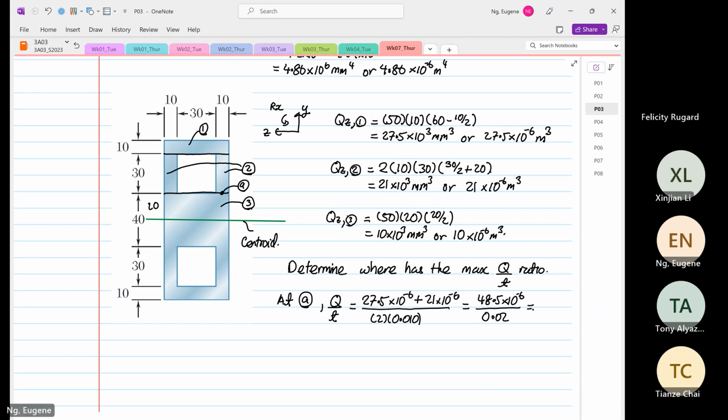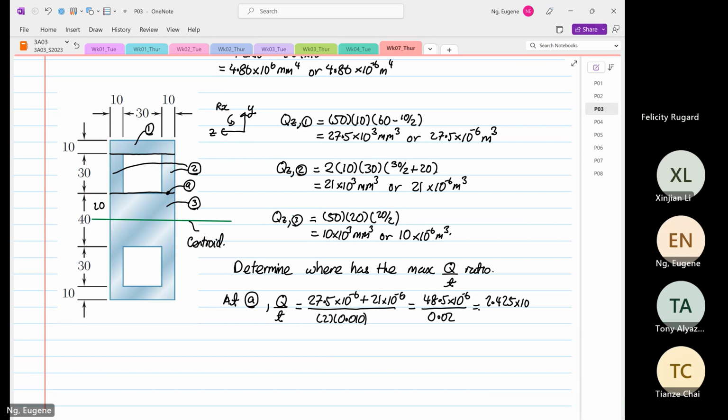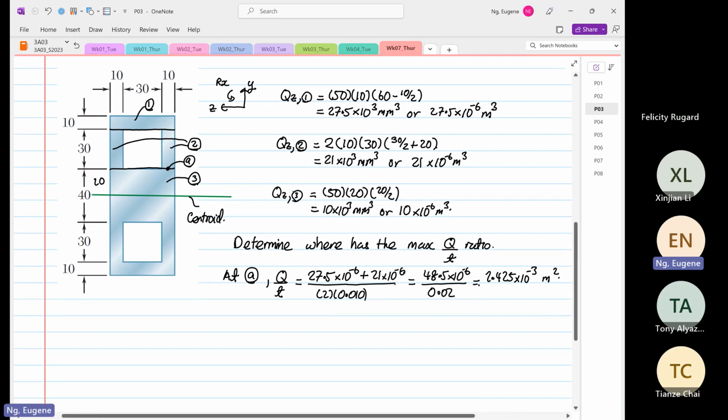So we get 2.425 times 10 to the power minus 3, and if we base on units, this is meter squared. Okay, we should not put a unit because it's a ratio.